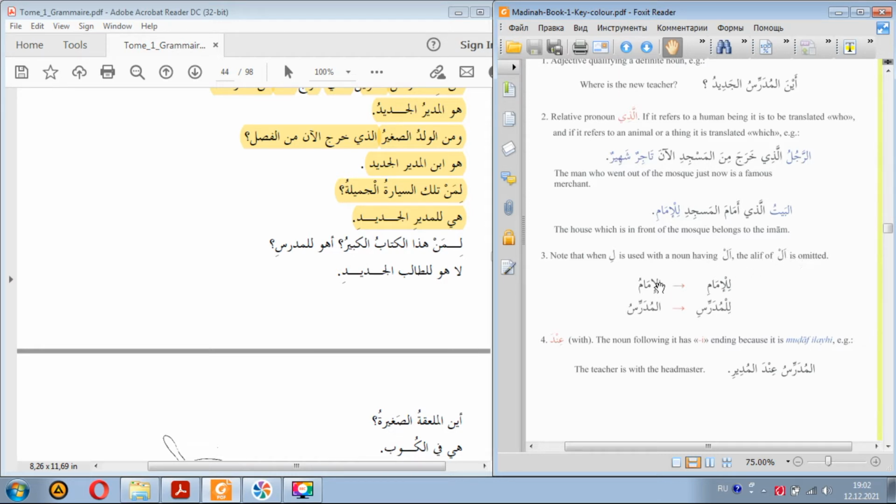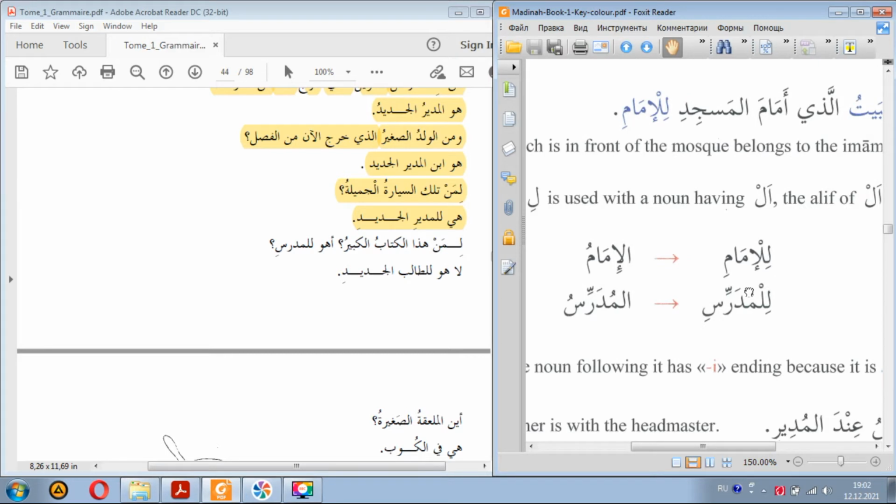Like al-imam, it has alif in the beginning, but once we add this li, like belongs to, it's just omitted. It goes away. It disappears. Lil imam.